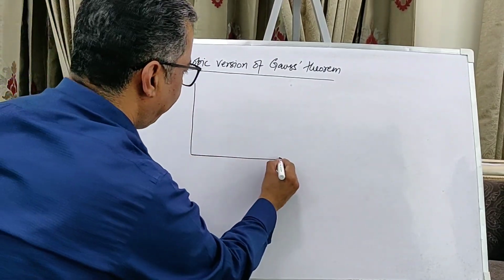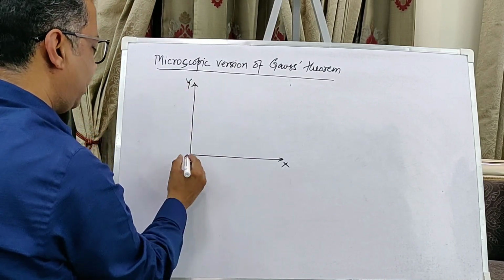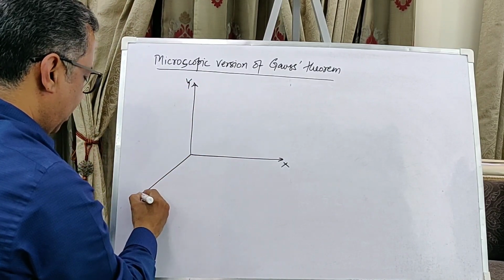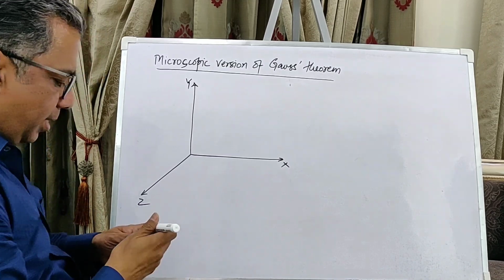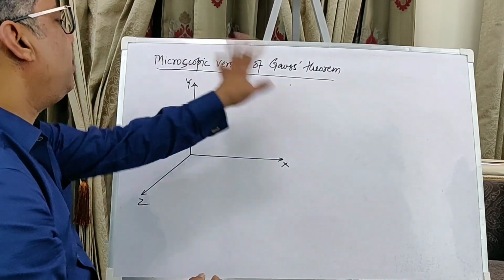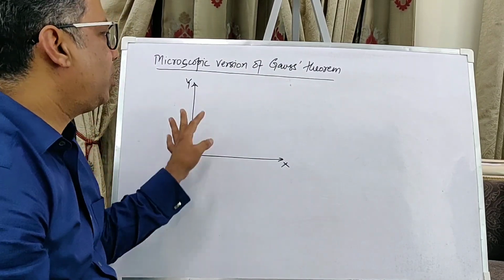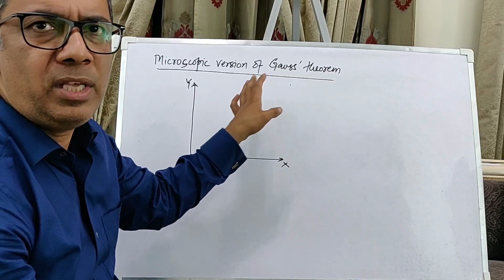Let's say this is our x-axis, this is the y-axis, and this here is the z-axis. In this region of space, there is some electric field which varies with the location.